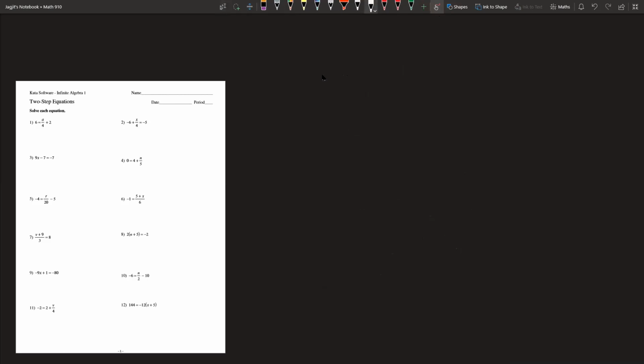Okay, next you have -9x plus 1 is equal to -80. So I'm trying to solve for x. You see, guys, look at this. I have -9x here. I personally don't like having a negative in front of x. So I'm going to move this term to the other side.